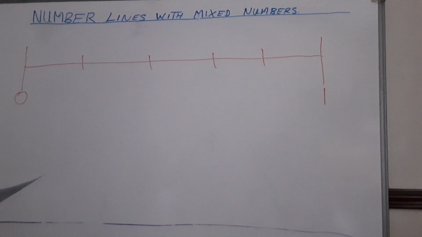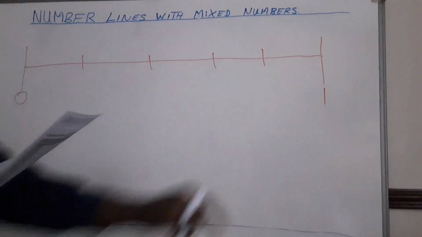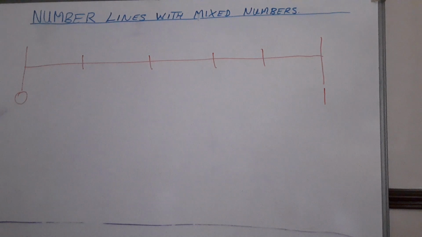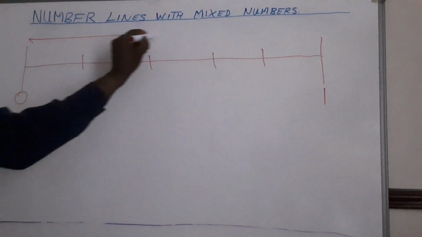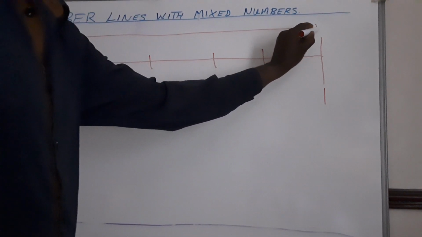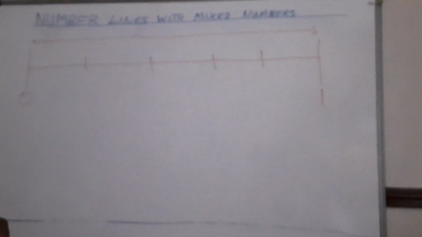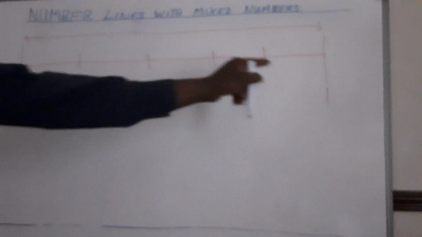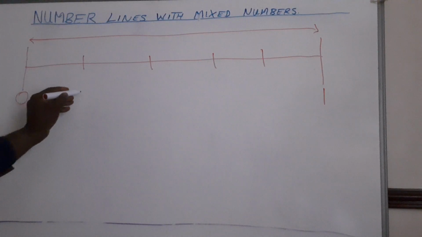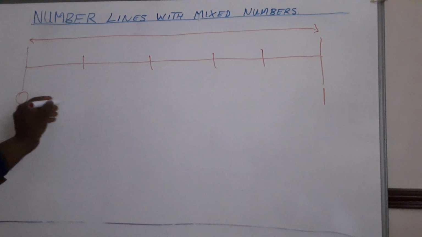Well, first, we have to find the difference in value between the start and the end of the number line. So this is the start and the end of the number line. So the difference, as we can see, is 1.